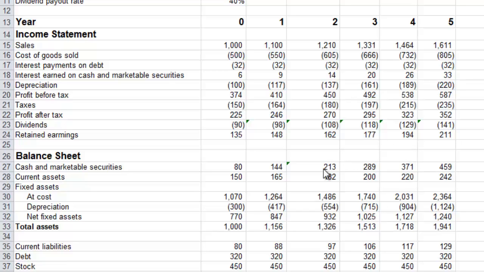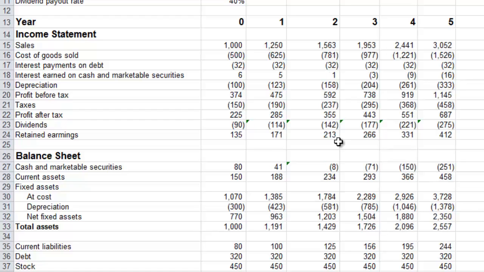And it's not a problem in our baseline analysis here. Cash and securities start out at 80 and go up to 459 at a 10% sales growth rate. But if we did grow a lot faster, say 25%, then we run into a problem with cash. And so we can deal with that.